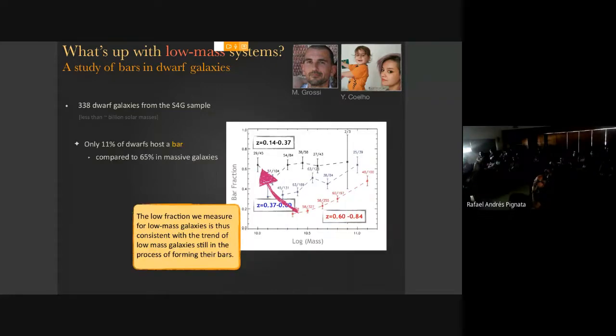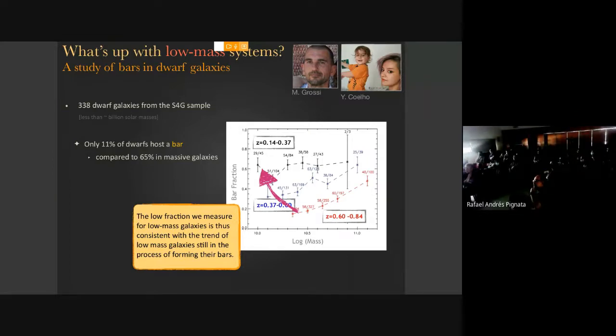What they see, first looking at the bar fraction, as we heard this morning, is how many fewer bars we find in dwarf galaxies. It is quite notable: in massive galaxies, usually we associate 63, 65% of spiral galaxies with containing a stellar bar. Not necessarily a strong stellar bar, but a stellar bar. In dwarf galaxies, it's much lower, more around 15, 20%.